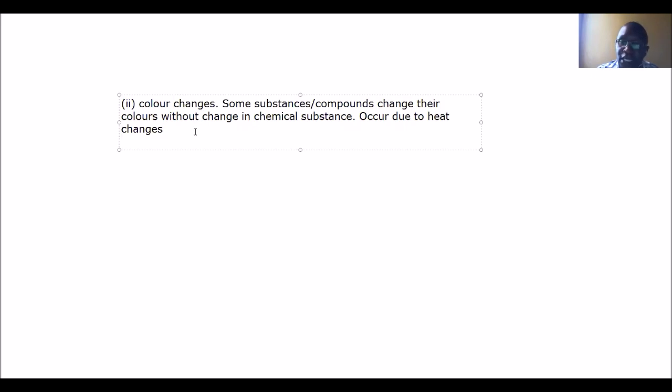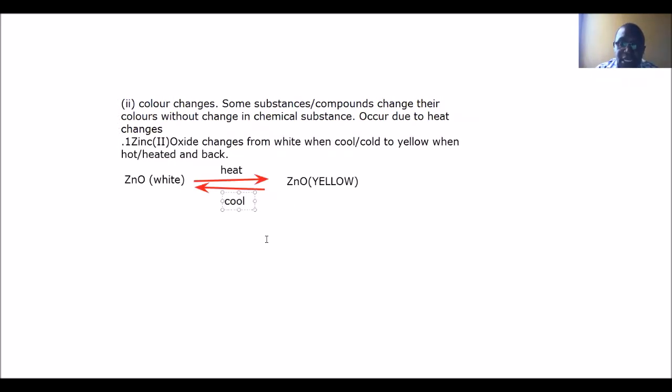So I want you to look at this particular example here. So this is another example of a reversible physical change. Lead 2 oxide is yellow when cold, but when you subject lead 2 oxide to temperature rise, the color now changes from yellow to orange.